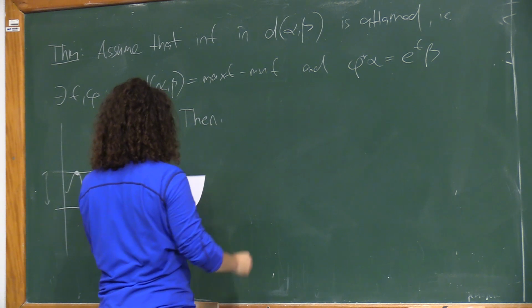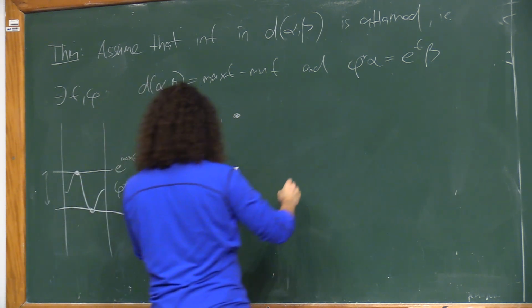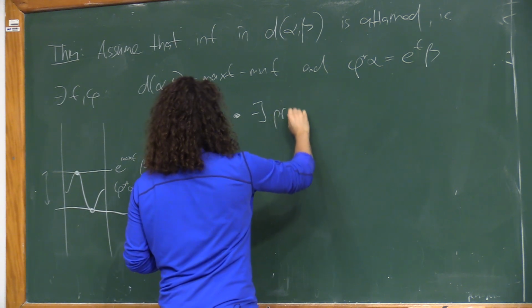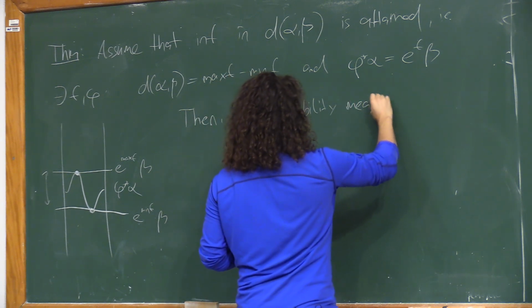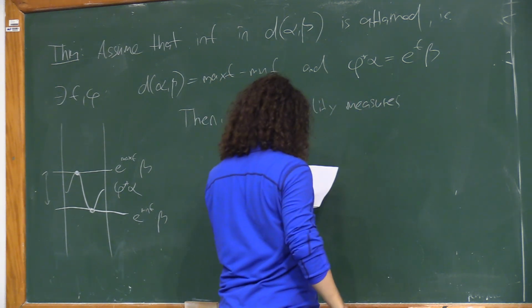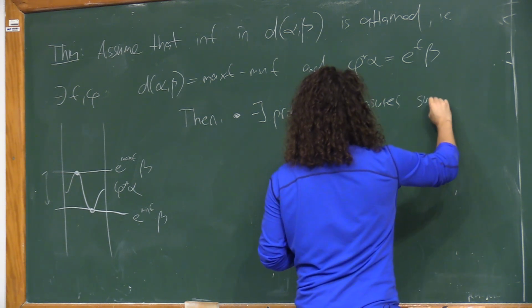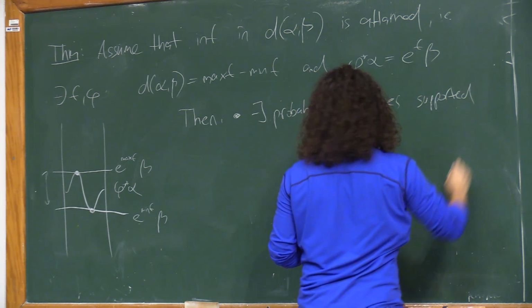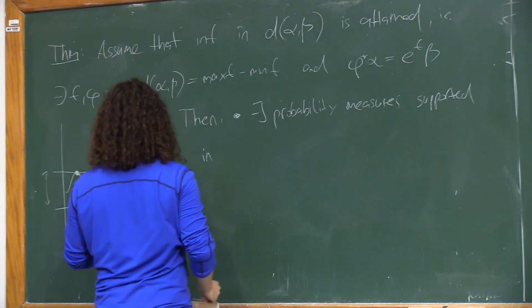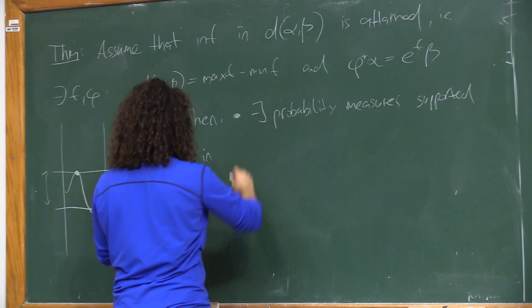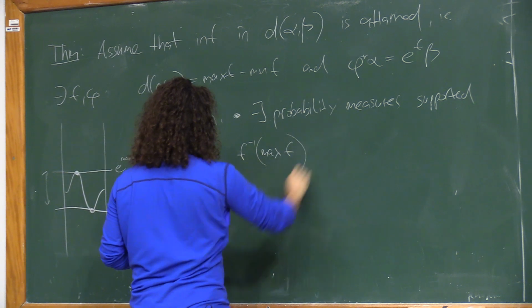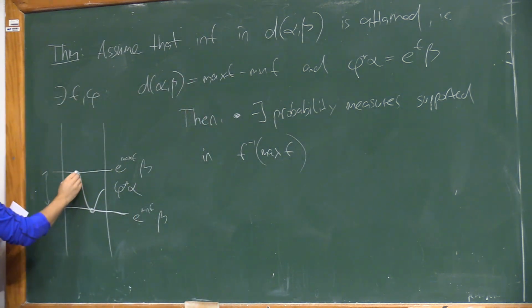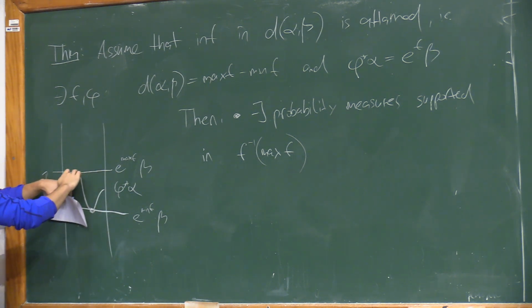So here's the more important one. It turns out that there exist probability measures, one supported in the set f inverse of max of f. That's supposed to be this set up here, where this contact form touches this contact form here.